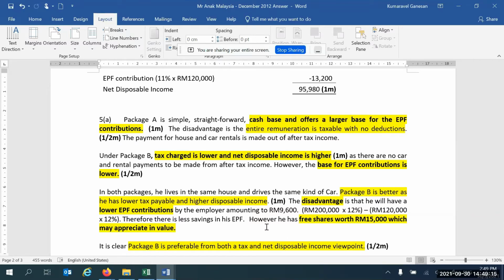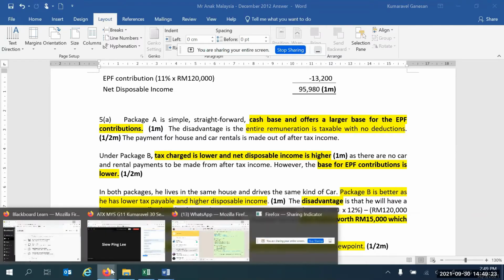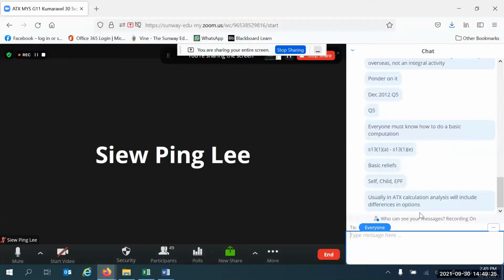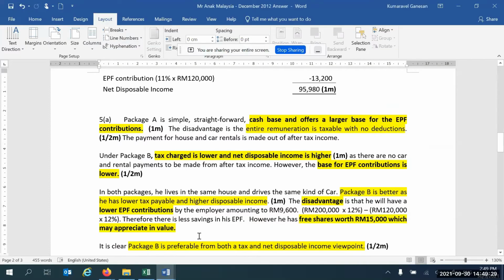Okay, not really explained here also, but in general, you can explain. We'll include difference in options. And then you'll contrast with the differences.